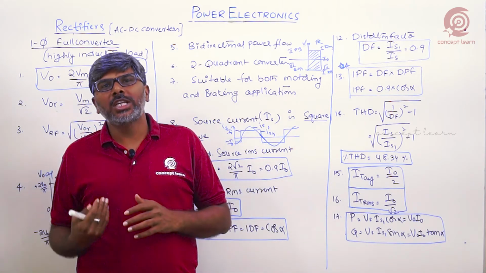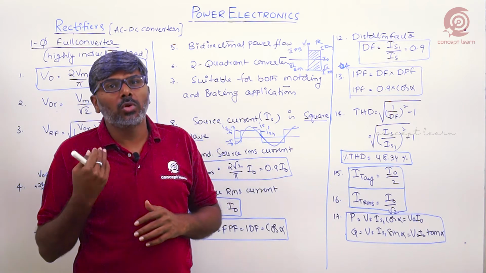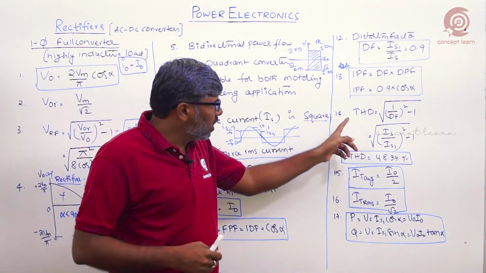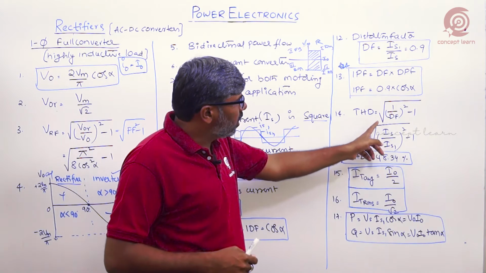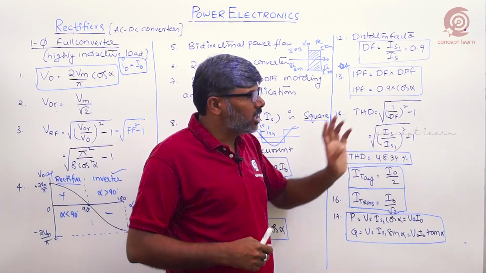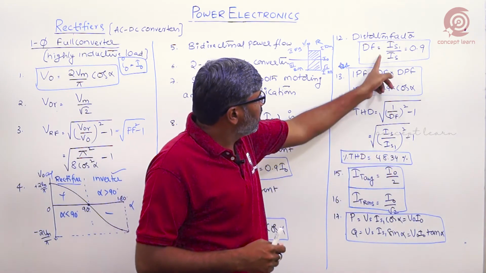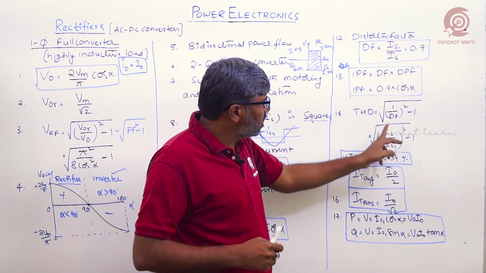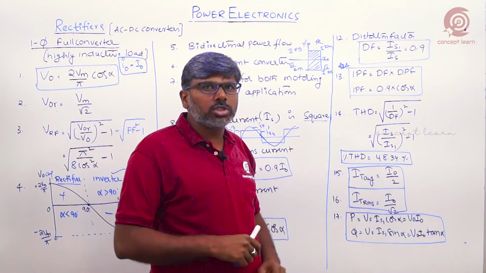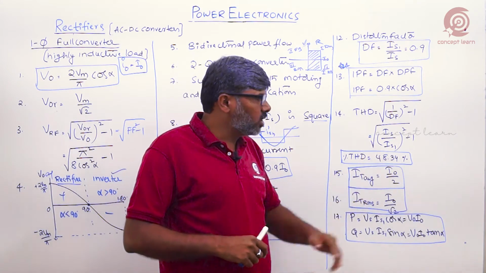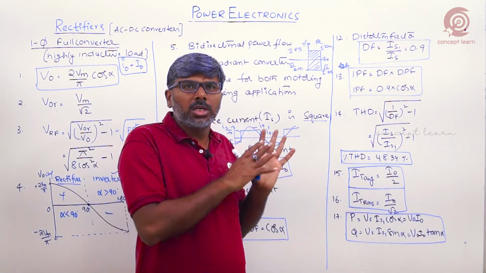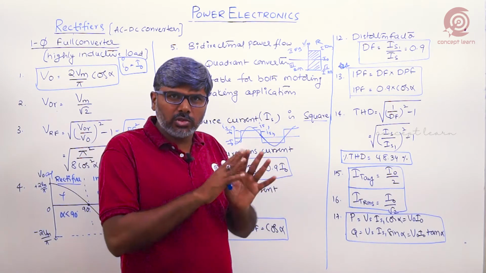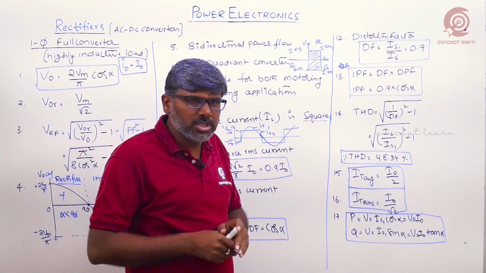The quality of an AC signal can be measured by finding its total harmonic distortion. So what is the total harmonic distortion? This is the square root of 1 by distortion factor square minus 1. Substituting the distortion factor 0.9, we get the percentage THD of the source current waveform as 48.34%. It is fixed because the source current is a square wave. For a square wave, THD is 48.34%.